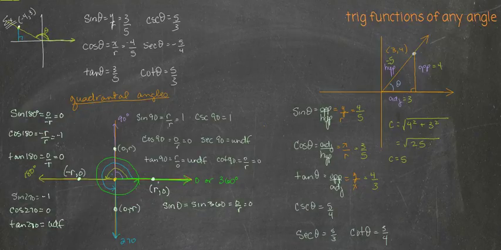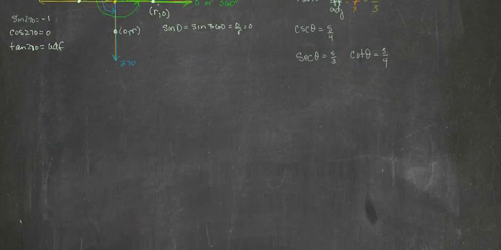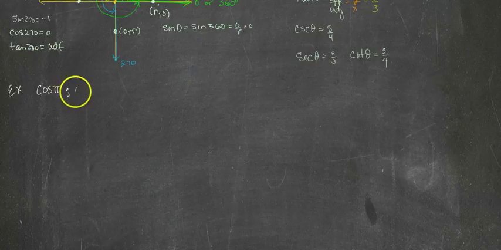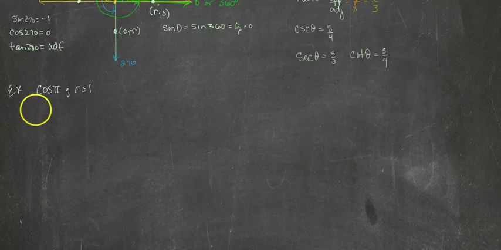Let's do a couple of examples of these. So let's find the exact value of the cosine of pi if r equals 1. So we're going to use the unit circle where the radius equals 1. If I sketch that in real quick, I know that pi is 180 degrees over here.